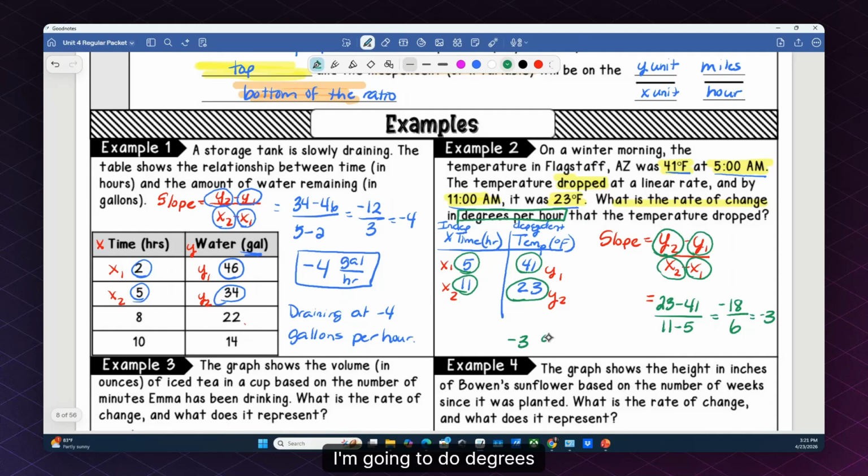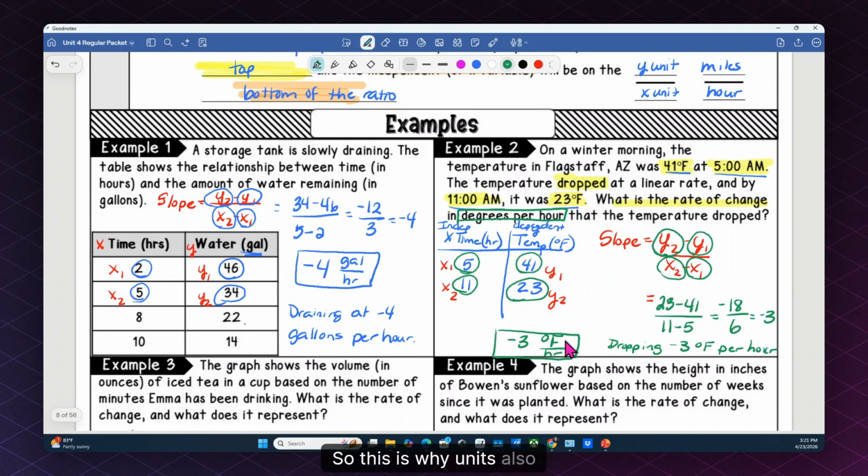I'm going to do degrees Fahrenheit per hour. Or you could have written it like, say, it's dropping negative 3 degrees Fahrenheit per hour. Okay. Either one of these is equivalent, we could write that.